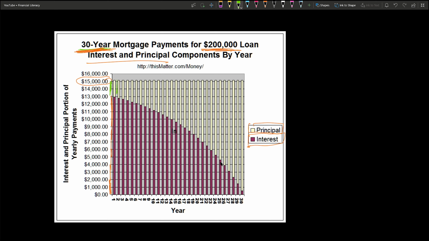Then a bit more is principal, then a bit more, then a bit more, and all the way when you get to here, the majority of it is principal.